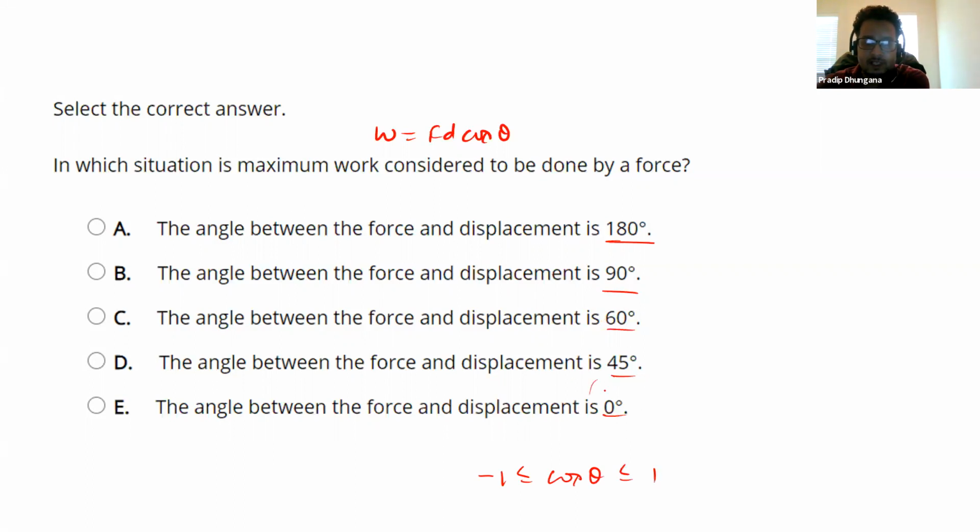And for which angle is the value 1? Think about it, or use a calculator and calculate cosine of 180 here, and calculate cosine of 90 for each of those. And then for which angle you get the maximum value, in that case, the work done will be maximum.